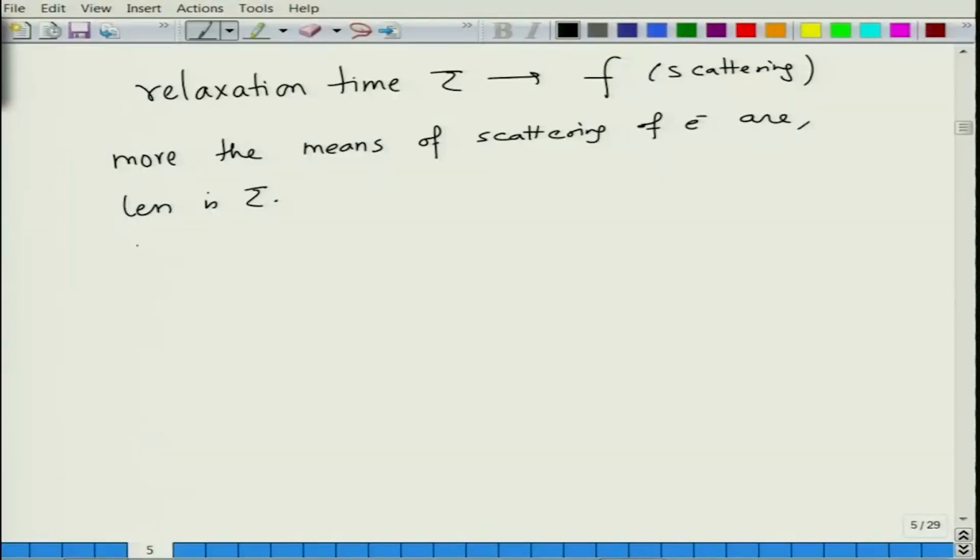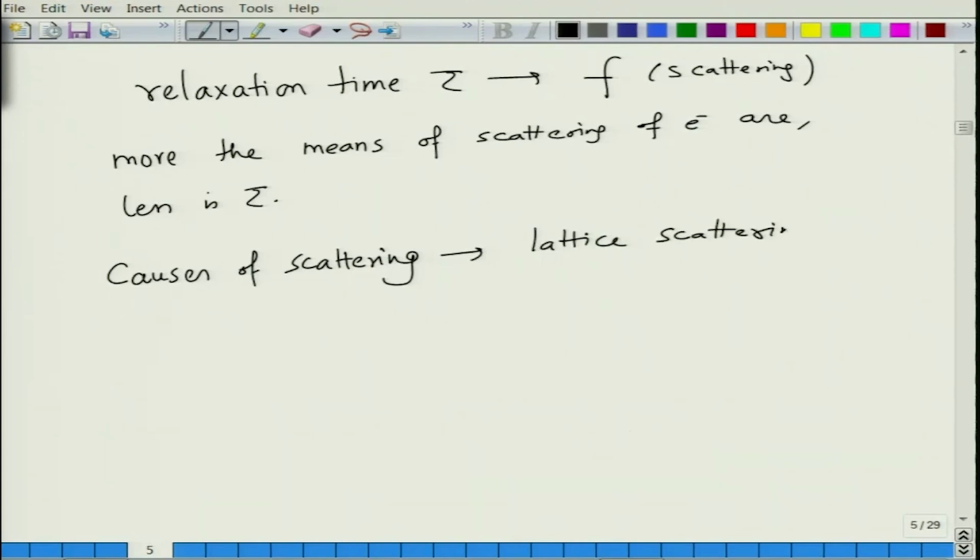So what are the causes of scattering? One we have seen is lattice scattering, because ionic cores are vibrating. So because of vibration of ionic cores, you have lattice scattering.